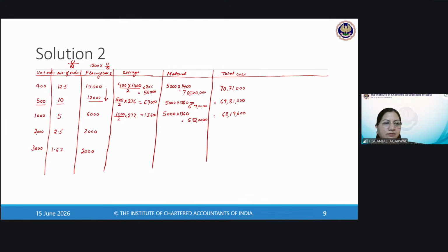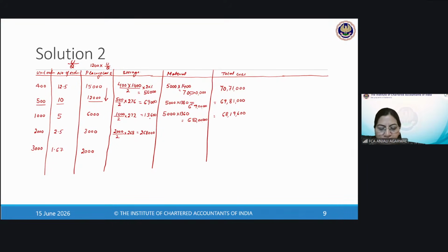If you place 2,000 units, you are going to give 2.5 orders. 2.5 into 1,200, your total placing cost would be 3,000. And on an average, you will be holding 1,000 units, which will cost you 268 rupees per unit per annum. So total cost would be 268 into 1,000. So 2,68,000.